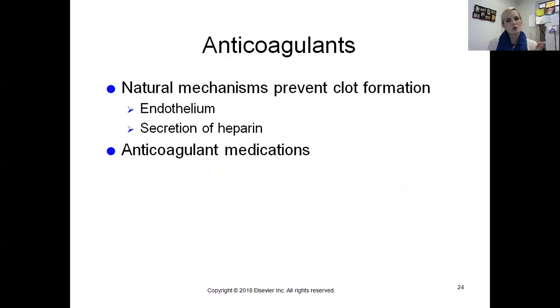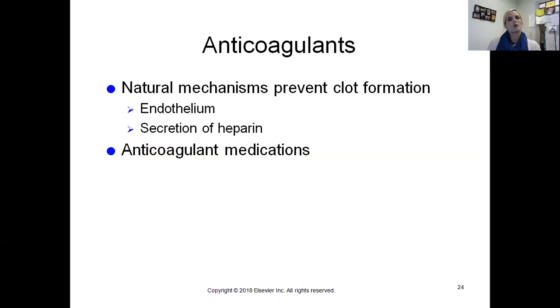It's a very smooth inner lining, designed to make sure that nothing can gather there to cause any clots. And again, the secretion of heparin is a very natural anticoagulant that will stop clotting from happening randomly in our bloodstream.